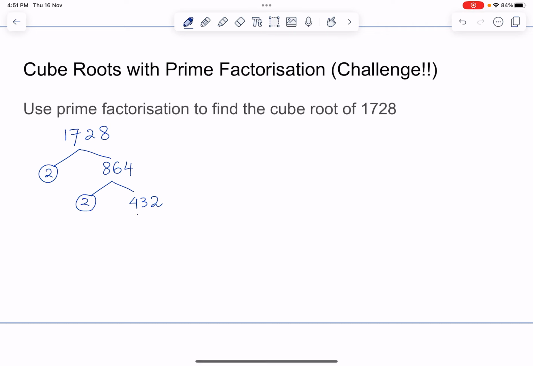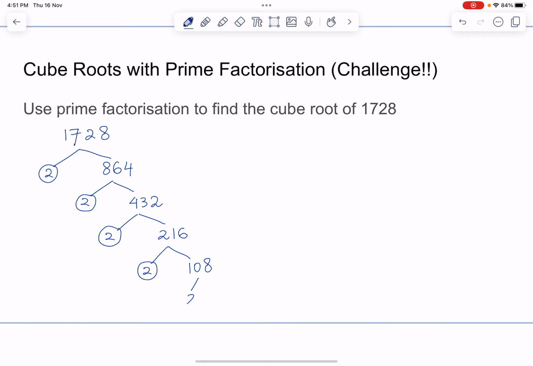Okay, and then one more time we have 216. Okay, then afterwards we again divide that by 2, we have 108.